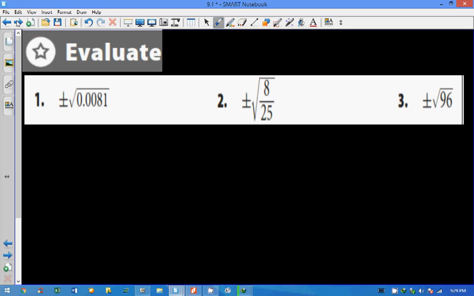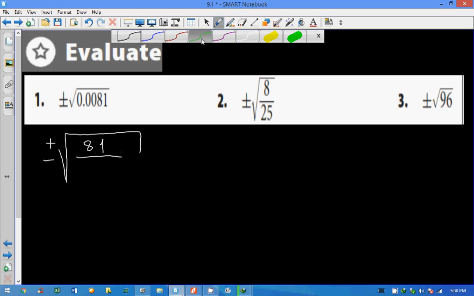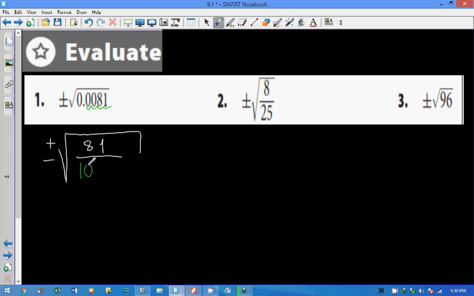So plus minus 81 over, how many decimal places do we have here? We have 1, 2, 3, 4 decimal places. That's why it's going to be 1 and 4 zeros, 10,000. 81 over 10,000.